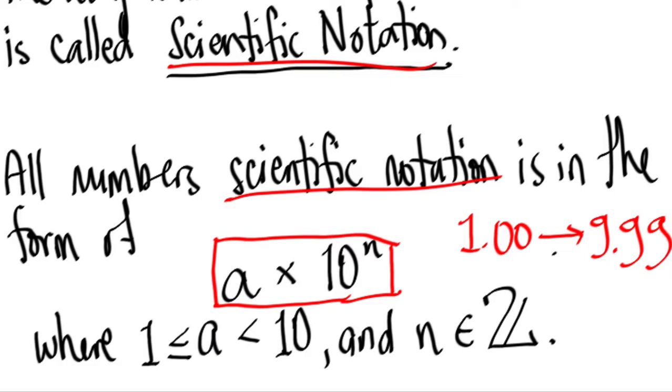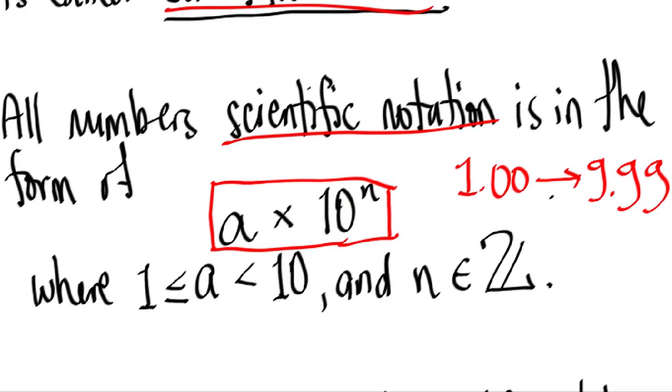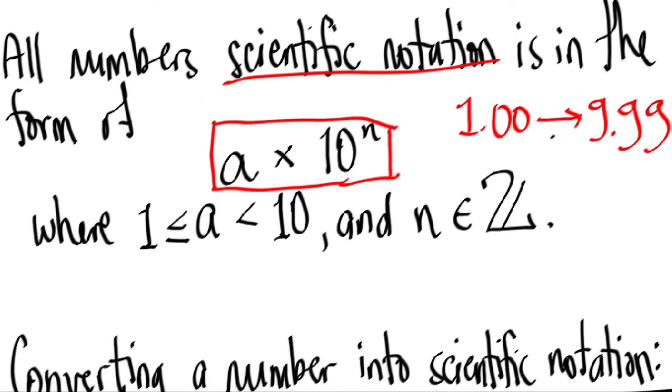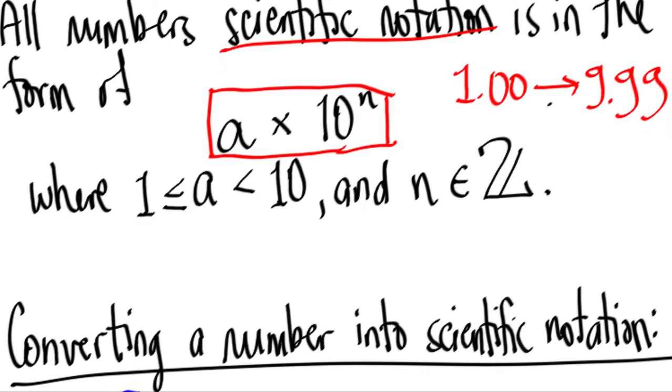We need to learn how to convert a number into scientific notation. This would be really helpful. For example, for a very large number such as celestial bodies, planets, we don't need to write all the figures. If it is very small, we don't need to write a lot of zeros, like 0.0000 something, to represent a microscopic object.